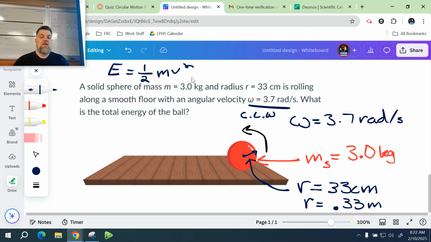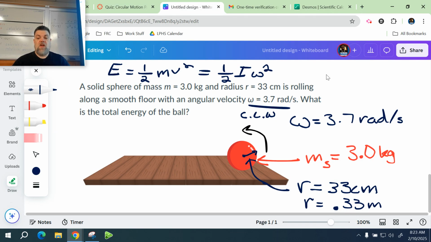Okay. If I go through my equations, we can actually convert this to rotational energy, right? So for rotational energy, it's actually 1/2 I omega squared, okay?